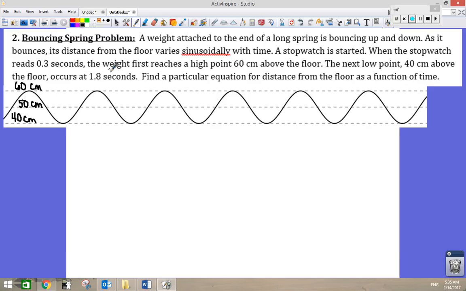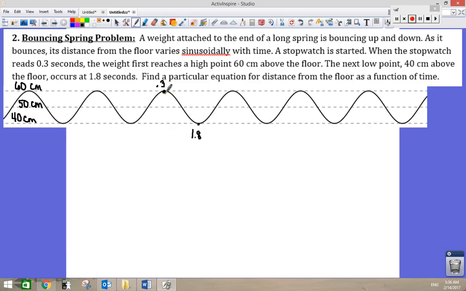Now, at 0.3 seconds the weight first reaches a high point. So let's call this the high point at 0.3 seconds. The next low point occurs at 1.8 seconds on the stopwatch. So 1.8 minus 0.3 is 1.5. That's half of the period.